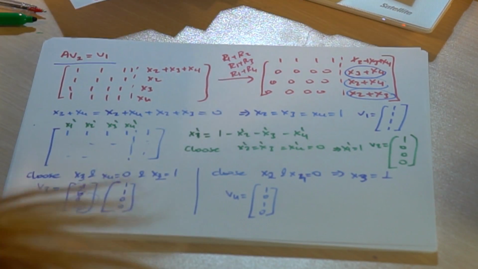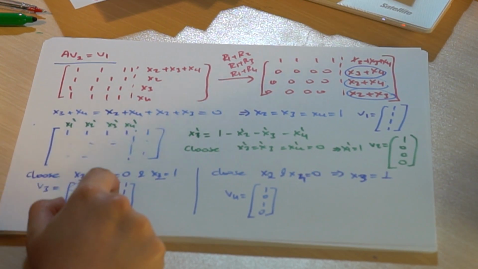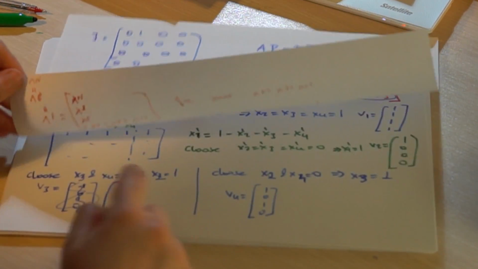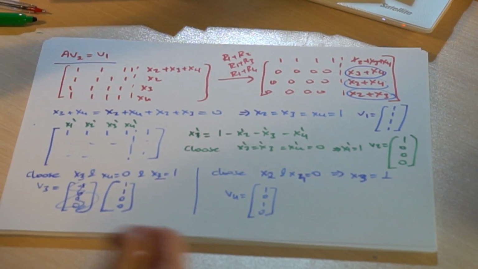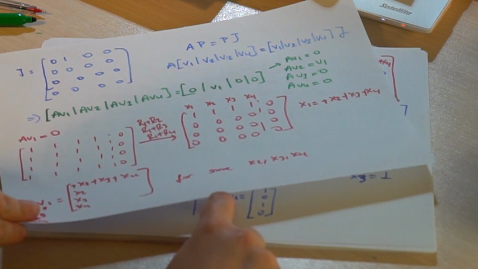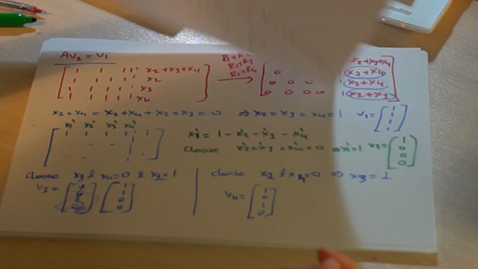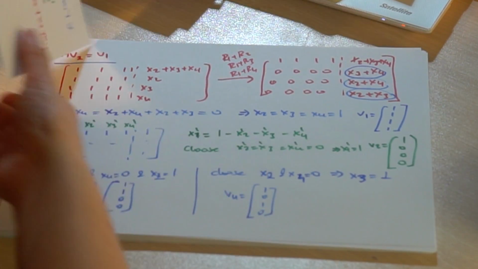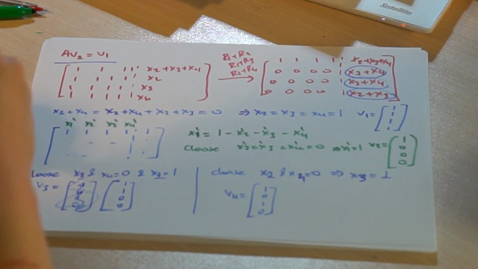For V3, I choose x3 and x4 equal to 0 and x2 equal to 1. So I will have the vector 1, 1, 0, 0, right? For vector V4, I choose x2 and x4 equal to 0 and x3 equal to 1. So I will have the vector 1, 0, 1, 0. So I found the four vectors and I need four.